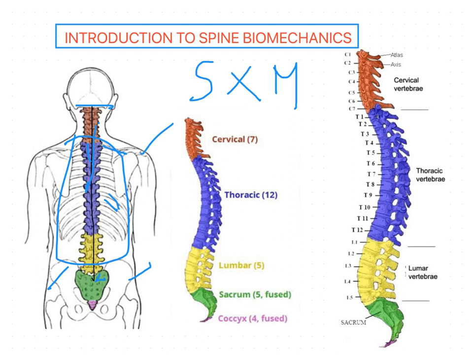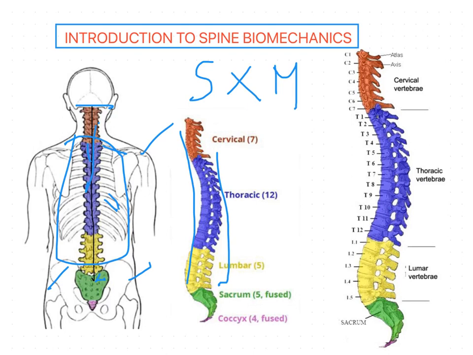To understand the complexity of this structure and its function, firstly we are going to discuss the structure of the vertebral column. How many bones form the structure, what are the regions of the vertebral column, and what are the curves present in the vertebral column and what is their importance.